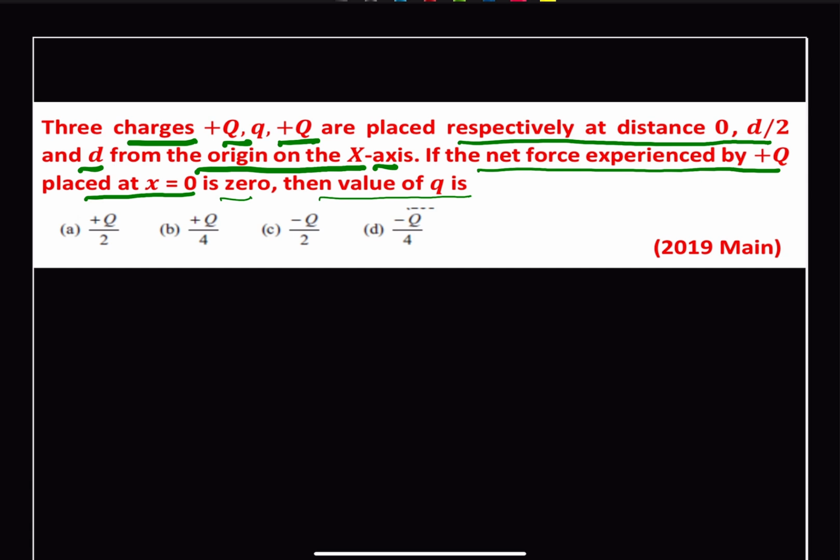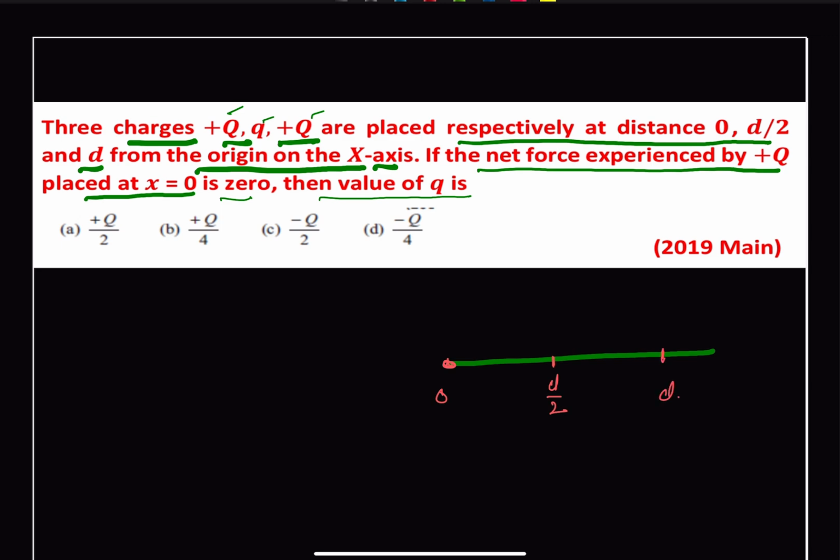Okay, so we have three charges, plus Q, small q and plus capital Q, and they are placed respectively at a distance. So we can just draw an approximate figure, and suppose this is our origin, this is our d by 2, and this is our d.